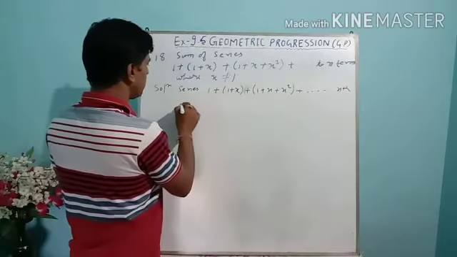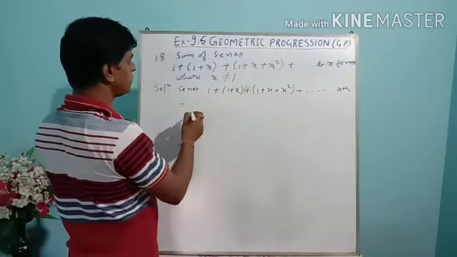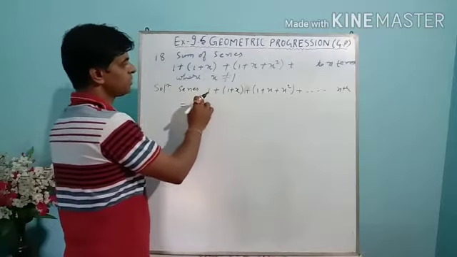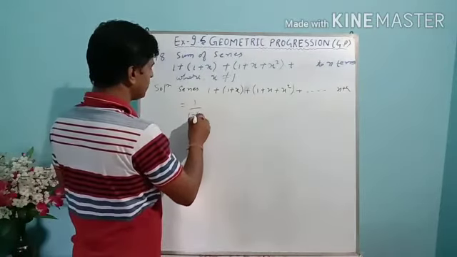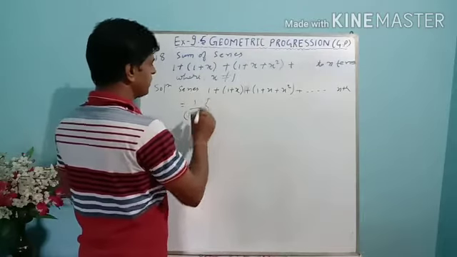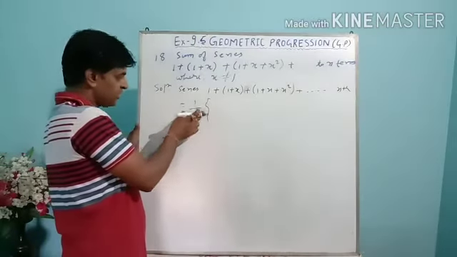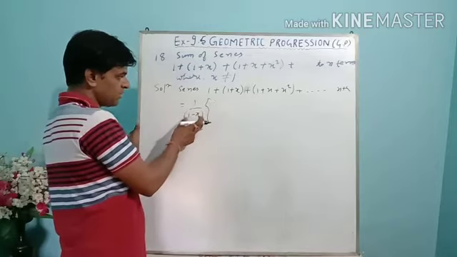Clear? Now here what we will do, we will just multiply the whole series with 1 minus x. If we are multiplying, then we should also divide by 1 minus x.